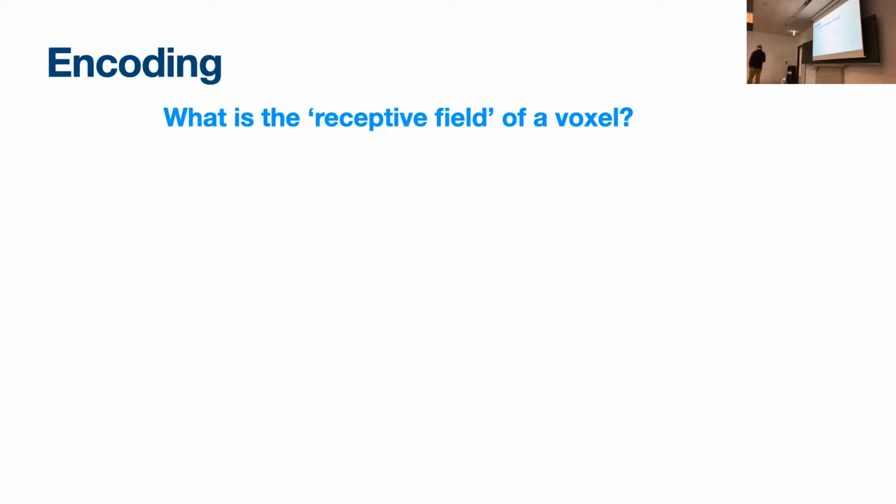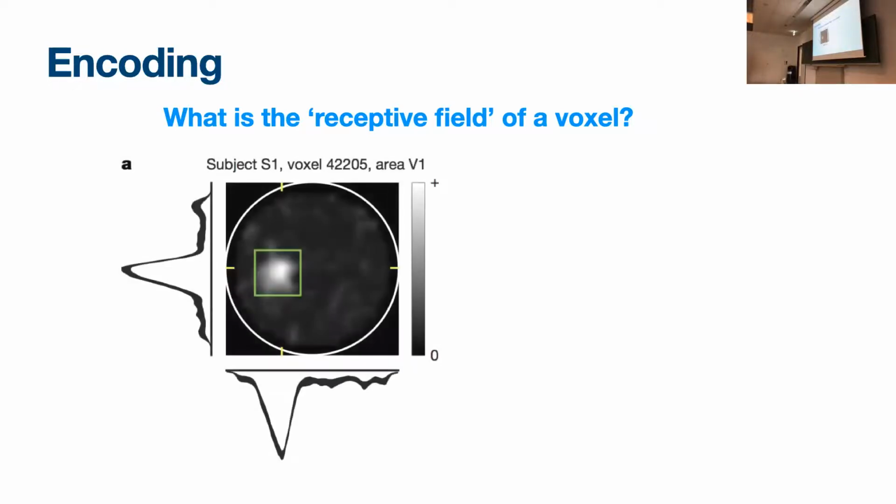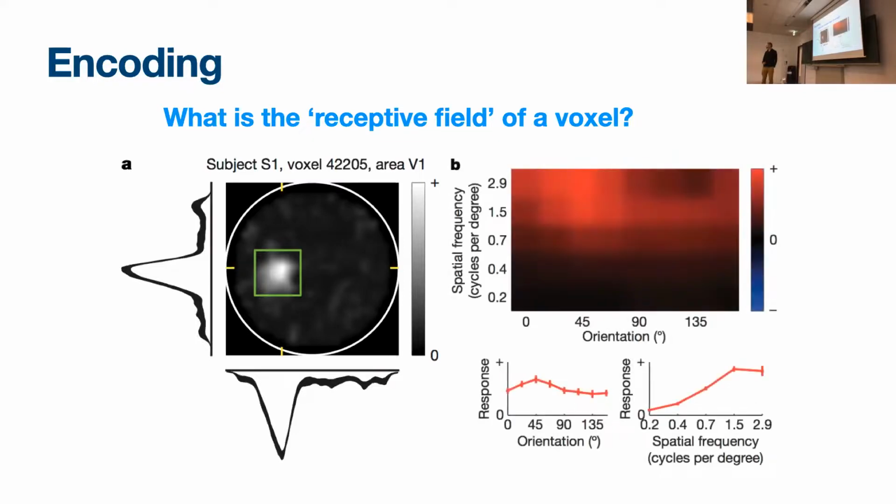So what does a receptive field like this look like? Well, it has a location. If this is the visual field, this is the part of the visual field that it likes. So you get that information. You can actually construct retinotopic maps from an experiment like this with natural images, and people do this. But you get extra information.